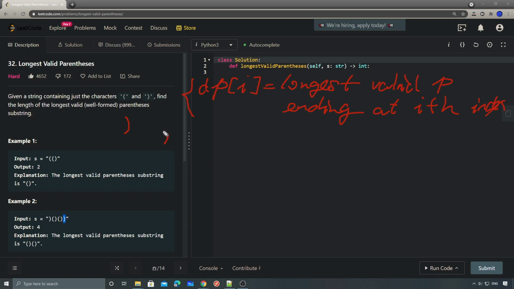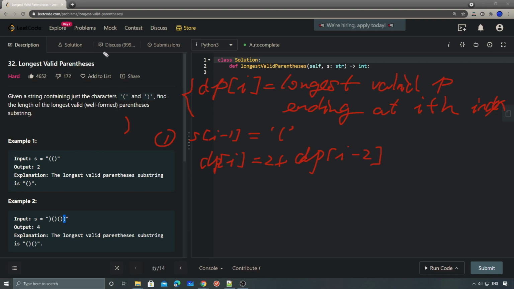The first one is that if s[i-1] is a left parenthesis, this one is pretty easy. Basically, dp[i] becomes 2 plus dp[i-2].